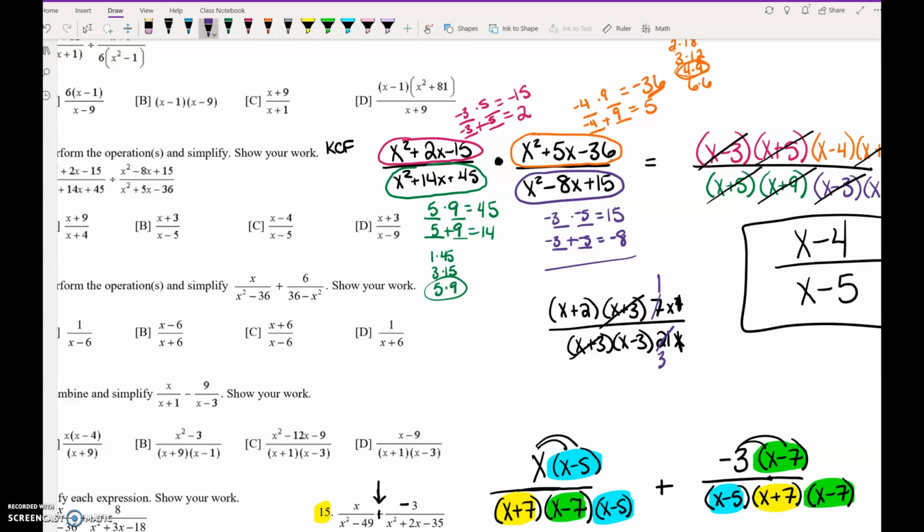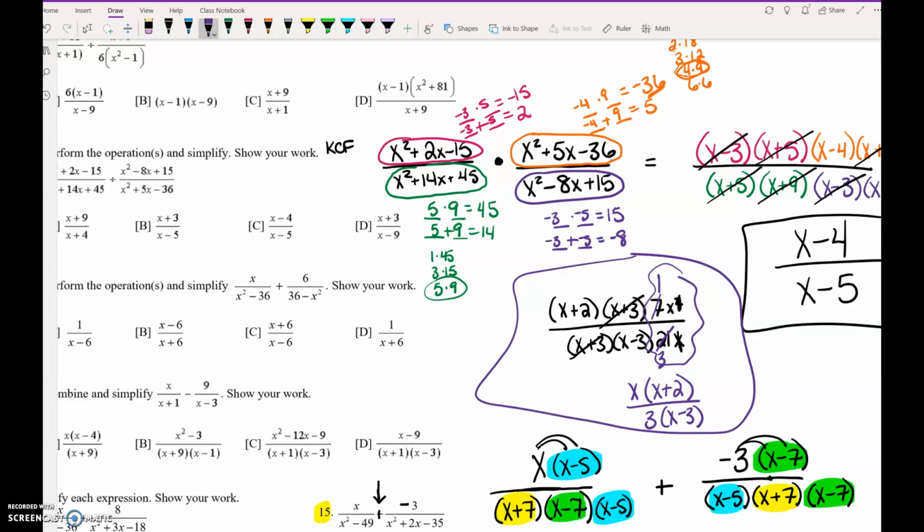So in this thing right here that I'm talking about, your answer would end up being this 1x that's left on the top, x plus 2, and on the bottom you'd have this 3 and the x minus 3. So something like this might happen in the problem that's like number 11.